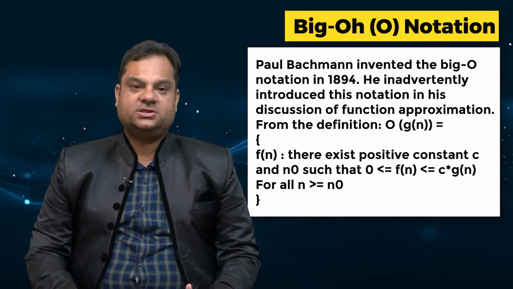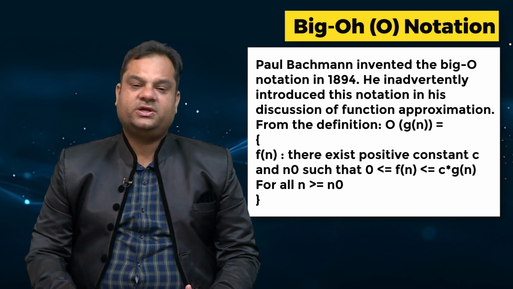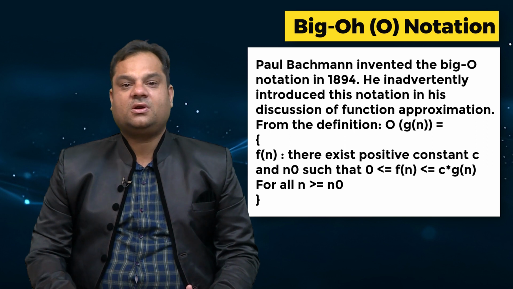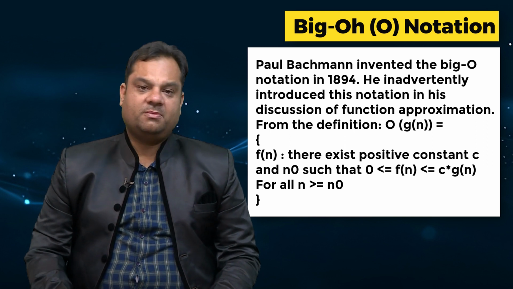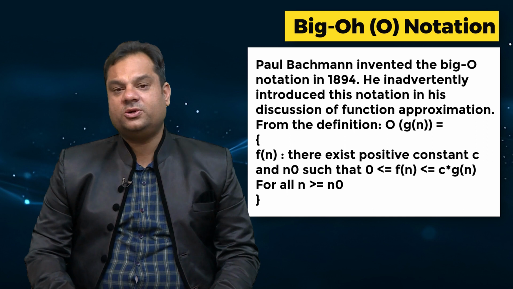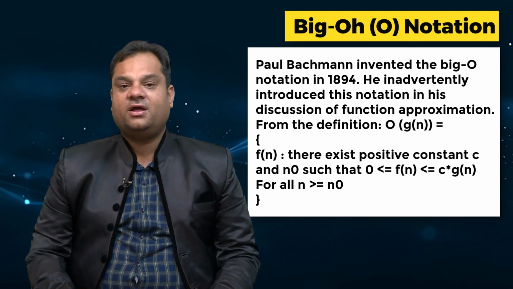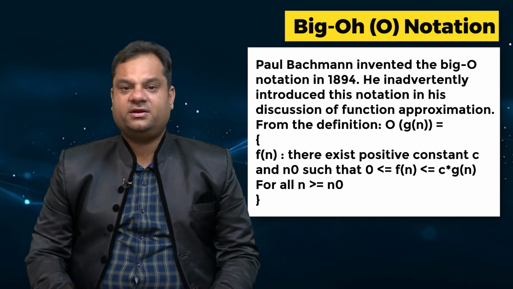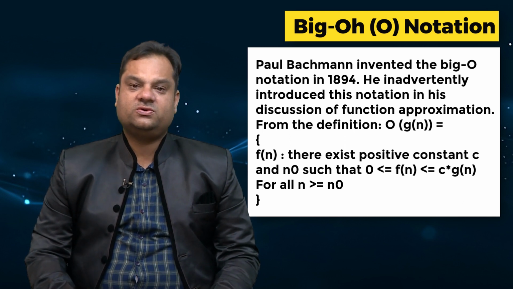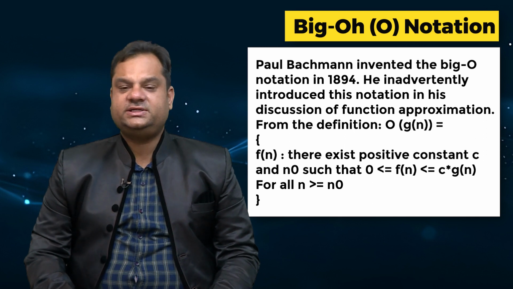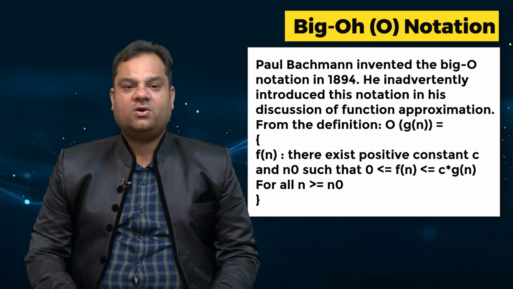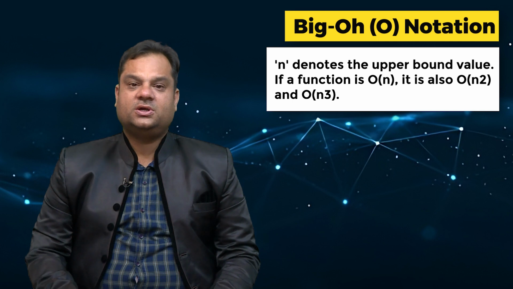From the definition, O of g(n): we find f(n) such that there exist a positive constant c and a number n0 such that 0 is less than or equal to f(n), and the function f(n) should be less than or equal to c times g(n), where c is a constant value, for all n greater than or equal to n0. So g(n) denotes the upper bound value.